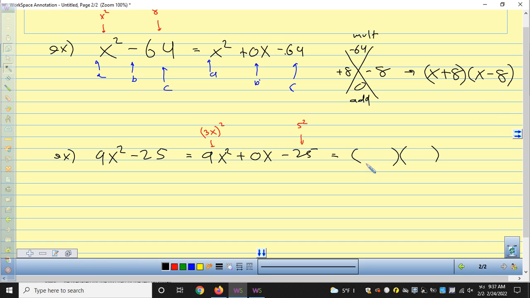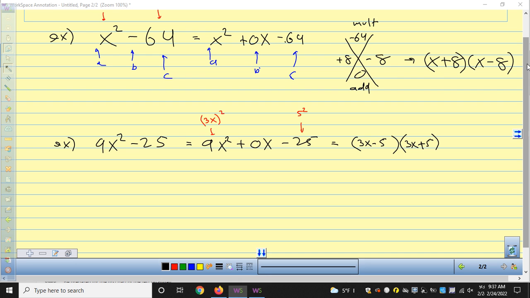Yeah? 3x minus 5 and 3x plus 5. Perfect. The 3x comes from here. The 5 comes from there. And we need a plus 5 and a minus 5. That's why we get a 0 there. So we can use this pattern to help us out, kind of a shortcut here.